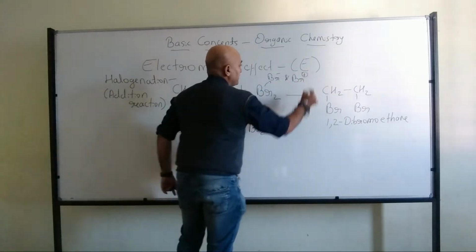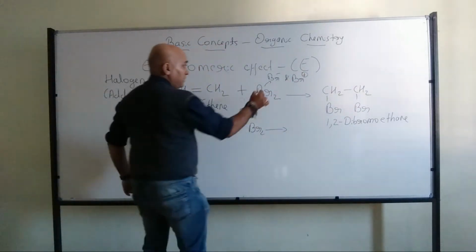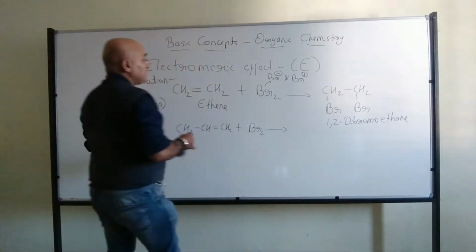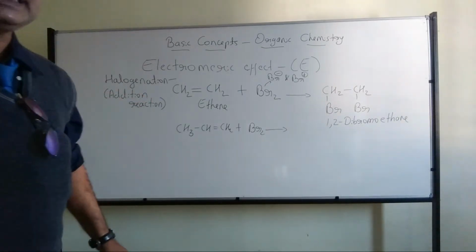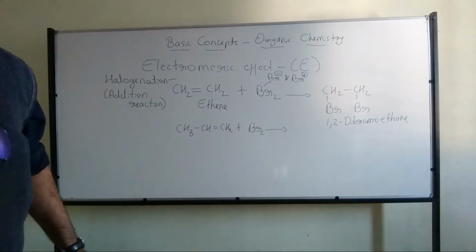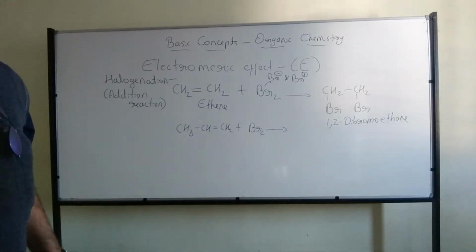Please remember, bromide and bromonium formation happens here too. Anion and cations will be formed. But my question is very simple. I have got an asymmetric alkene, that is propene. Whether I am going to have the major product or minor product?